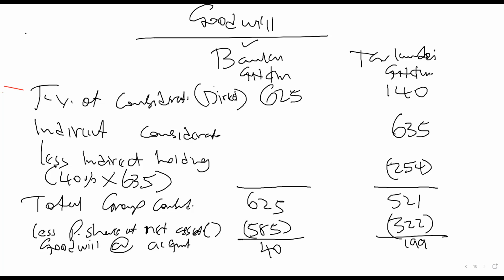Which one did they tell us is fully impaired? Who was that? That was Boko. So Boko is fully impaired. Right here, impairment, 40. Here, dash. 199 again, 0. Right here, goodwill as reported.